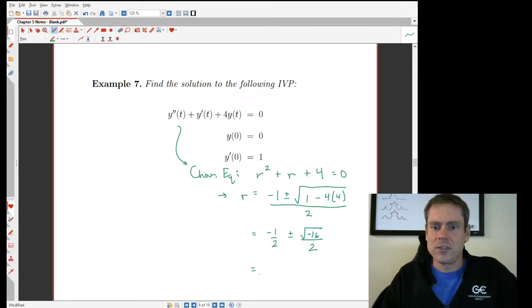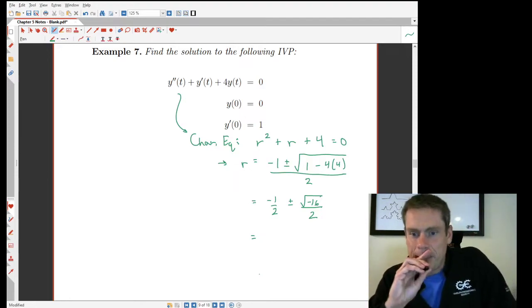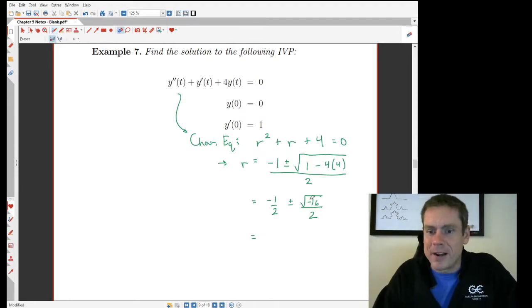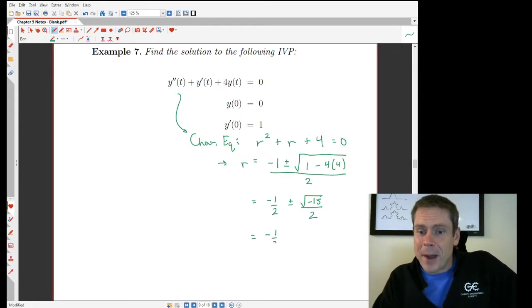Oh, that's not negative 16, it's 1 minus that. So my apologies, that should be a negative 15. So the way that we'll write this is minus 1/2 plus or minus root 15 over 2 i.